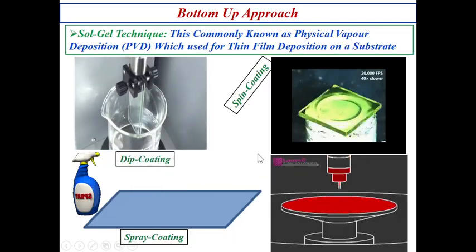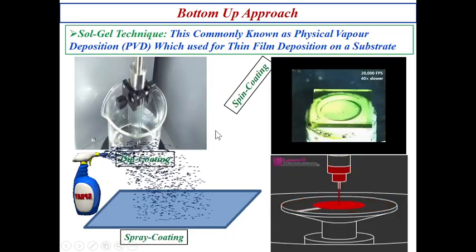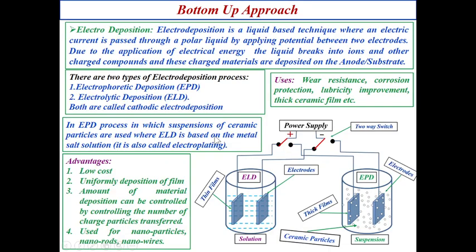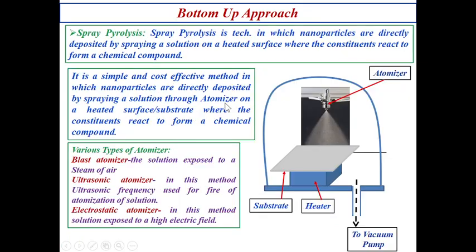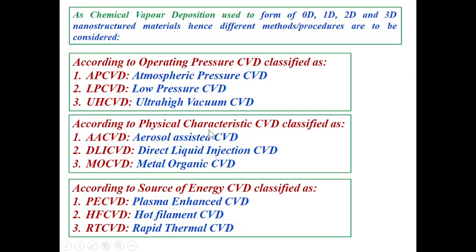This is the animation slide. Then for electrodeposition, these things you have to write: first this one, then either this or this, and at last the uses as you wish. So this is your spray pyrolysis technique.